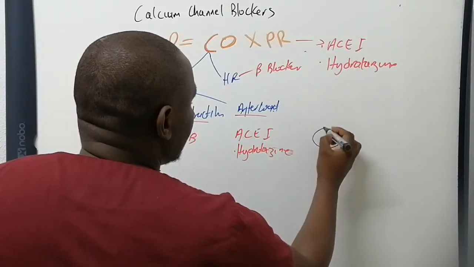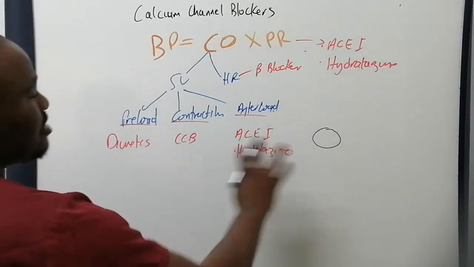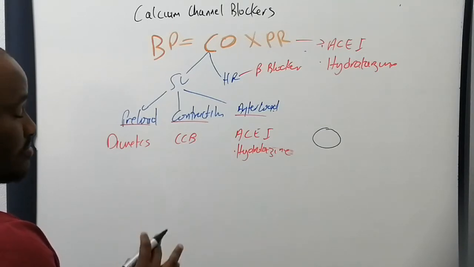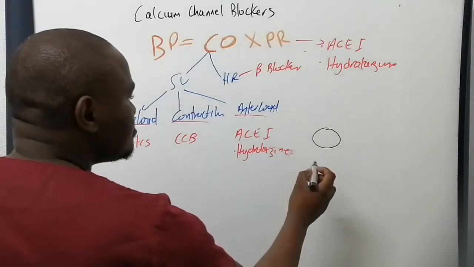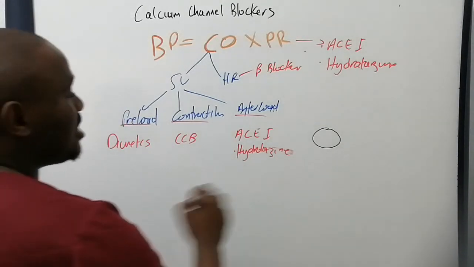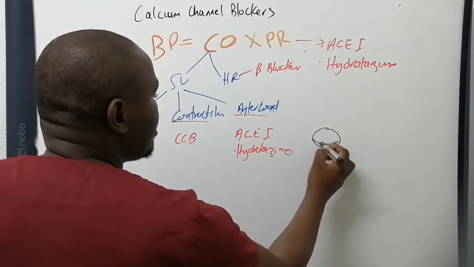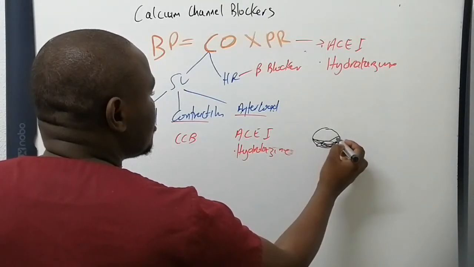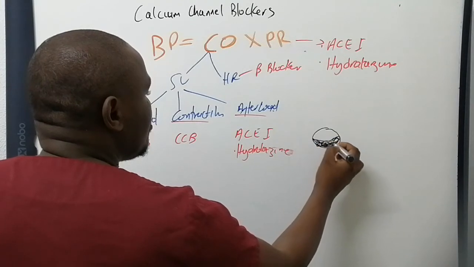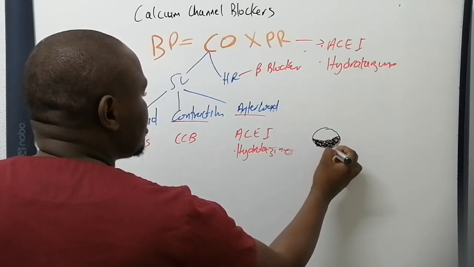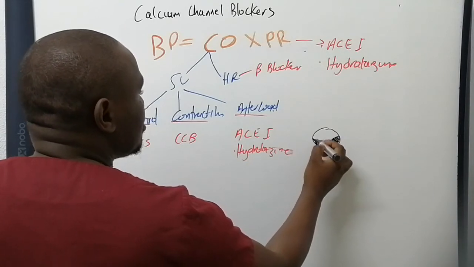If this is a cross section of an artery, when you've got cholesterol, you start to accumulate cholesterol molecules there. Atherosclerosis happens and all of that.